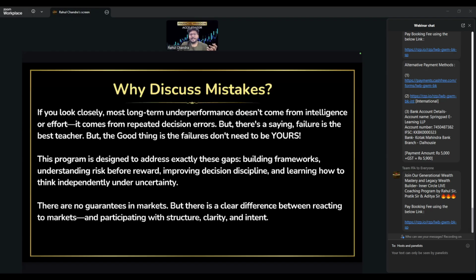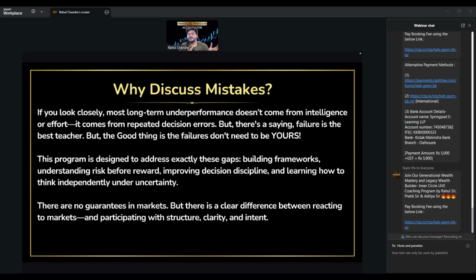Of course, I'll end with only one thing. There are no guarantees in the markets. There are no guarantees for me, for Pratik, who have been here for so long, and there will not be any guarantees for you. I can be very honest about that. But what we can tell is there's a clear difference between reacting to markets and participating with structure, clarity, and intent.